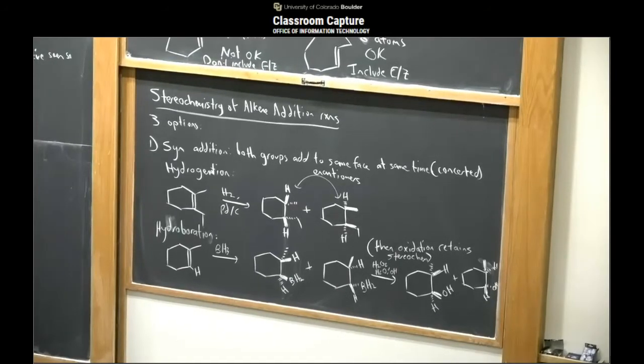The other is oxymercuration. So we're going to end up with opposite directions for the OH and the HgOAc, and then that plus the enantiomer. Note that I'm only showing the oxymercuration step here, not the reduction.